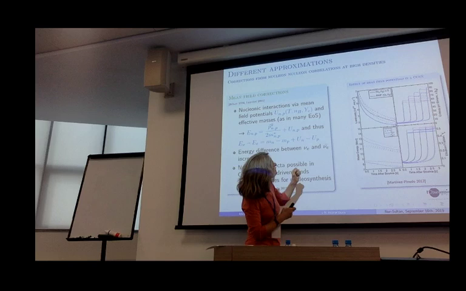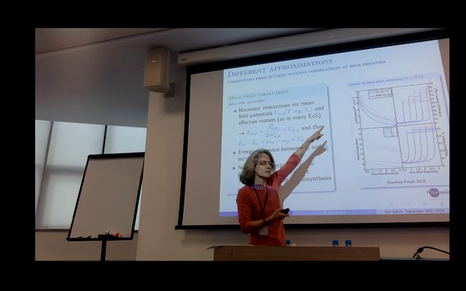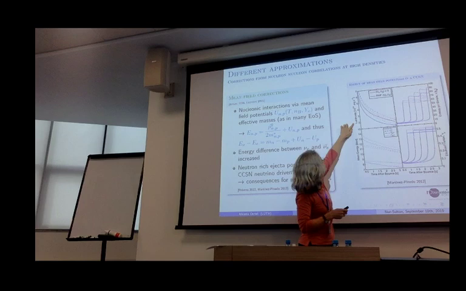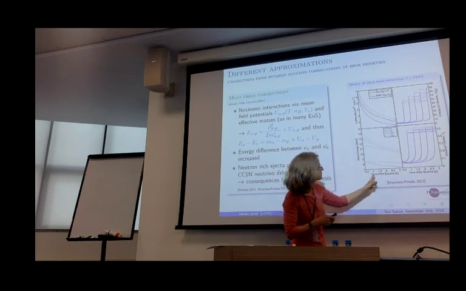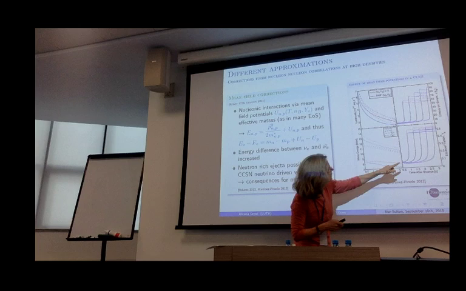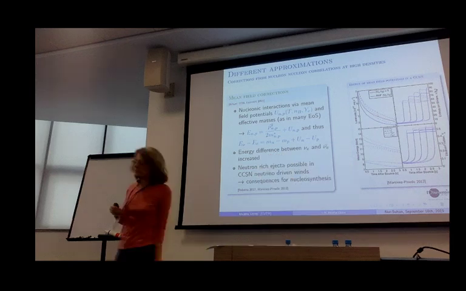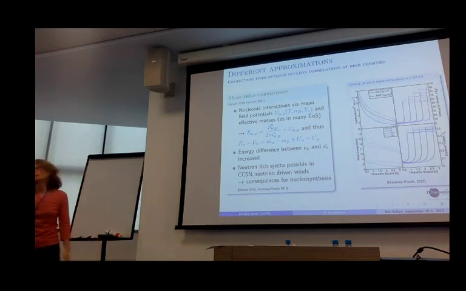The red lines correspond to the results without the mean field corrections, and the blue lines with them. Here you have the neutrino luminosity and the mean energy as a function of time after bounce, and here the electron fraction at the end, Ye, the number of protons per baryon. You see that these corrections can have important consequences.